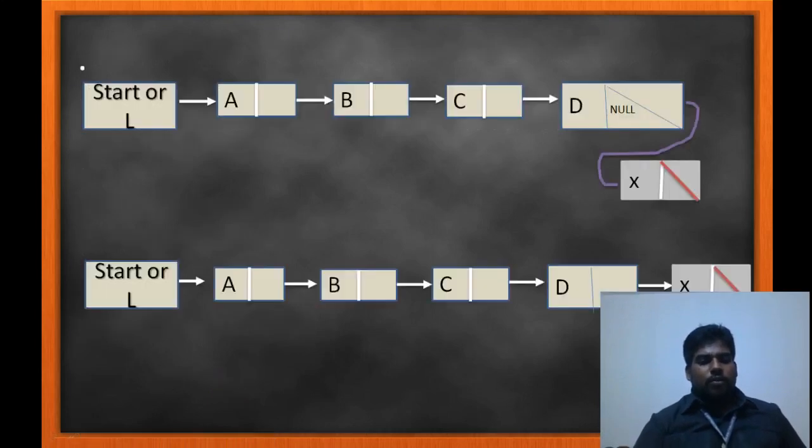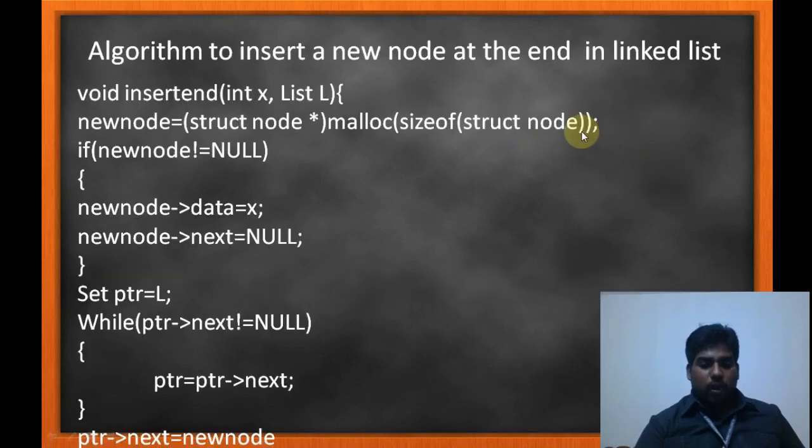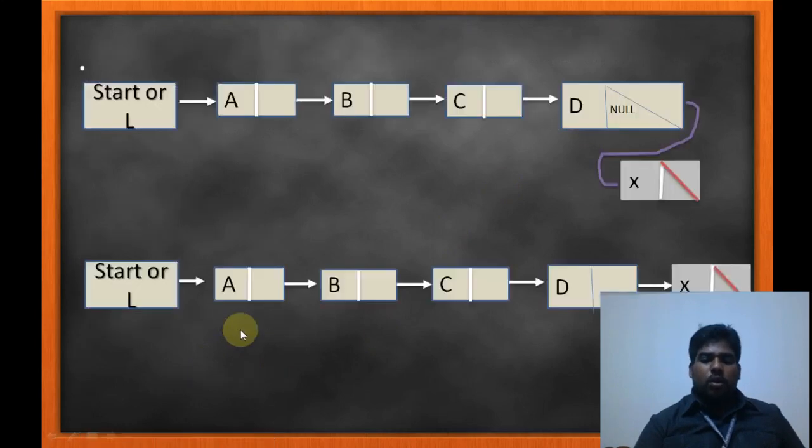First the pointer position will come here, then it will come here, then here, then here. Like that, you are reaching one by one till it reaches null. Till this place it will come, not equal to null.